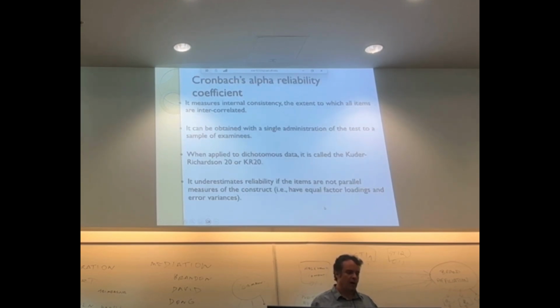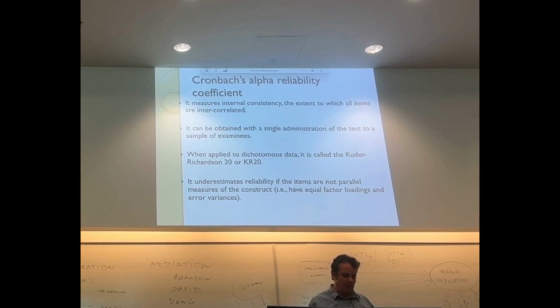Okay, we use Cronbach's alpha and coefficient omega. Cronbach's alpha by far is more used, but coefficient omega, which I'll show you in a minute, is better. Cronbach's alpha is used a lot because you don't need to fit a confirmatory factor analysis to estimate it.